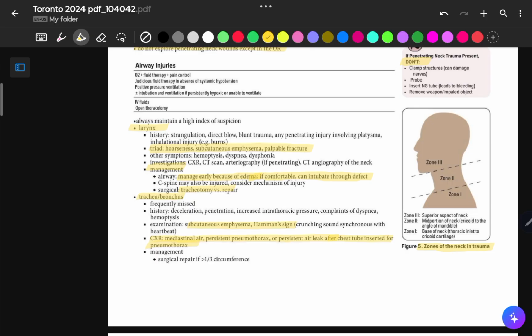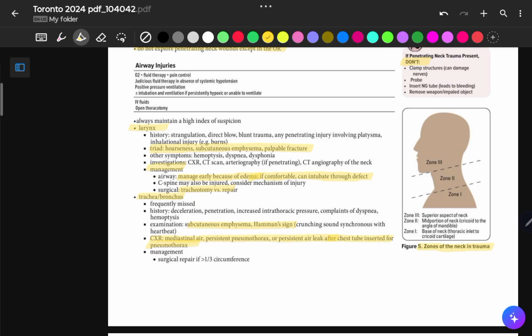Okay, so the C-spine may also be injured. Consider the mechanism of injury, and then surgery is usually tracheotomy versus repair. You can also have a trachea or bronchus injury.